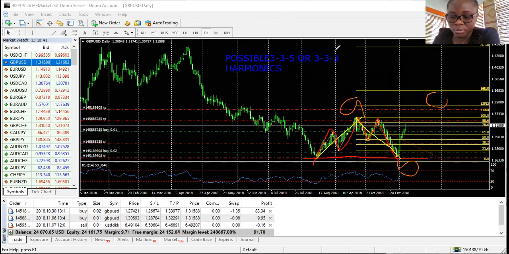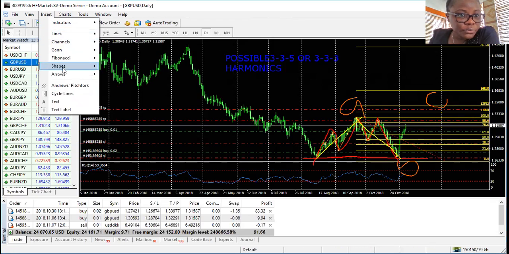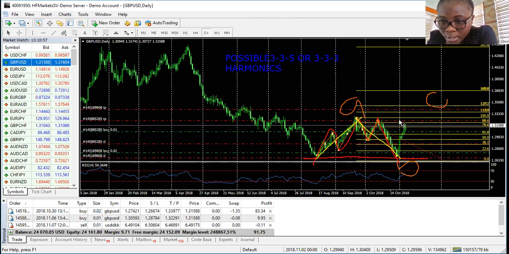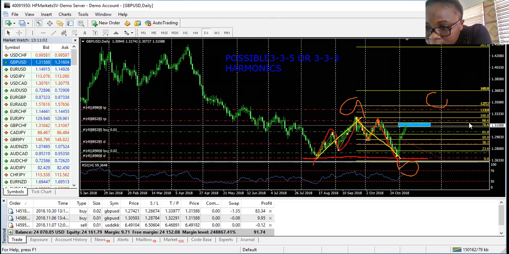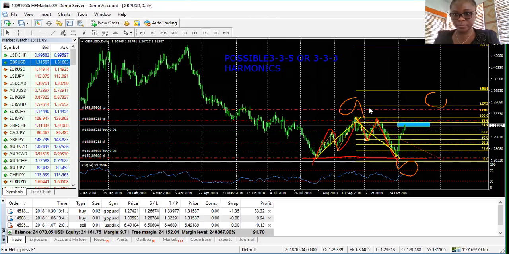When you use the Fibonacci ratio, using a rectangle, the shapes go to insert shape, you can see that at the moment we are at 78.6. And this ratio is a harmonic status, so we could get to the 1.27 Fibonacci ratio.